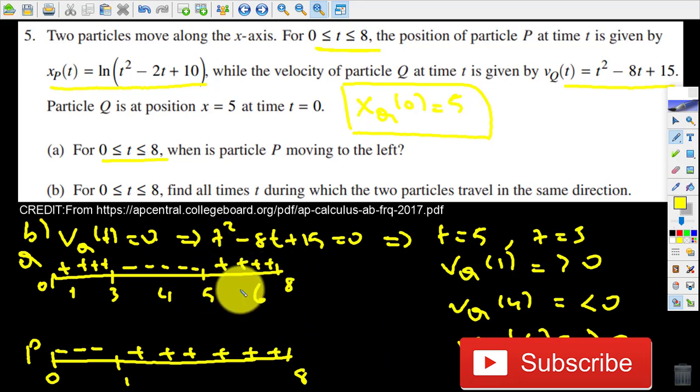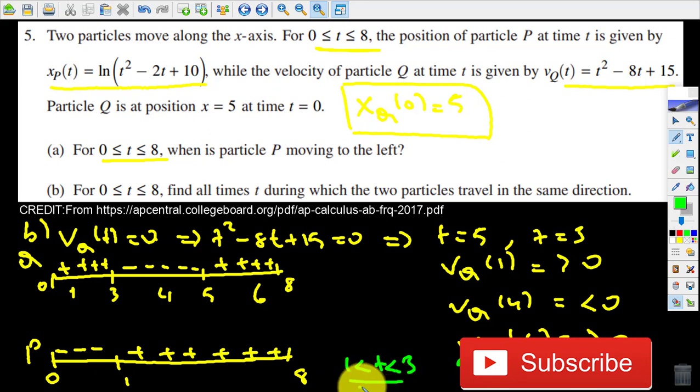Okay, so as a solution of this problem, you need to find the overlapping region on these two number lines. If you look closely at this situation, the solution is going to be between 1 and 3, and 5 and 8.